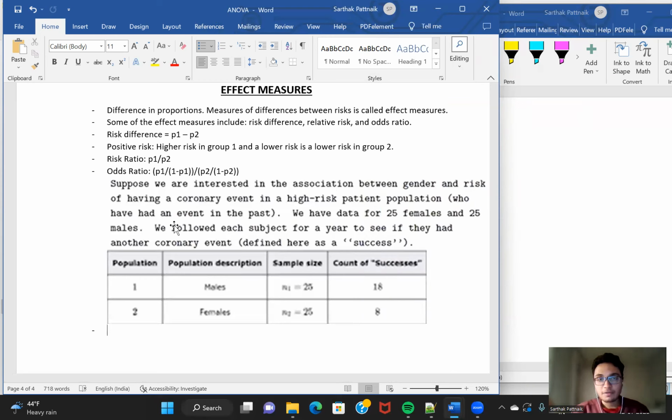We have data for 25 females and 25 males. We followed each subject for a year to see if they had another coronary event, defined here as success.